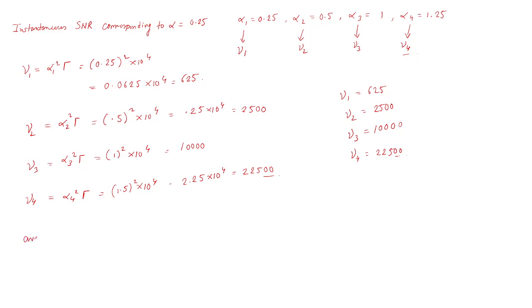Now average SNR is nothing but the weighted average of the instantaneous SNR. By the way, since this corresponds to alpha 1, this corresponds to gamma 1, so the probability should be denoted in small p.